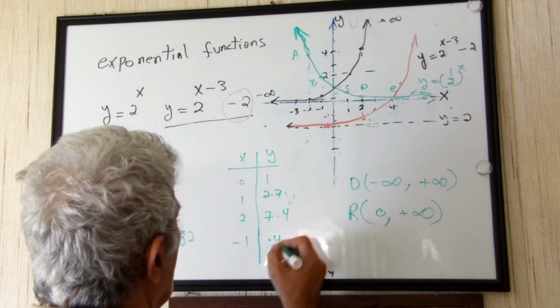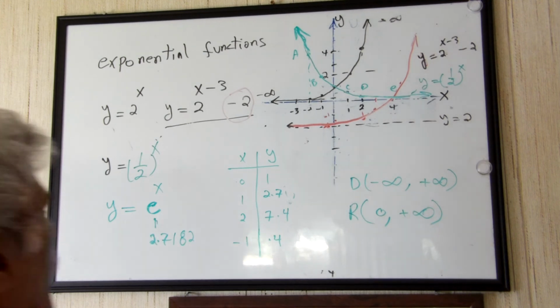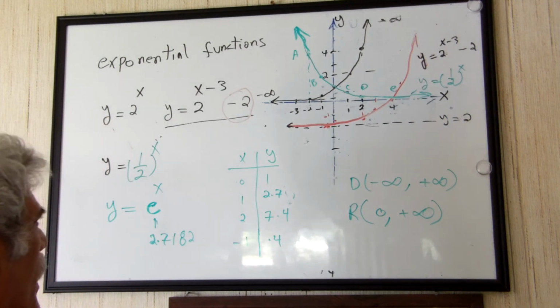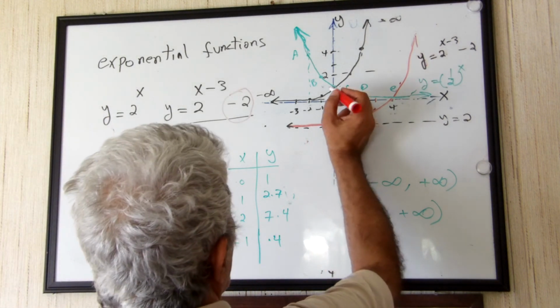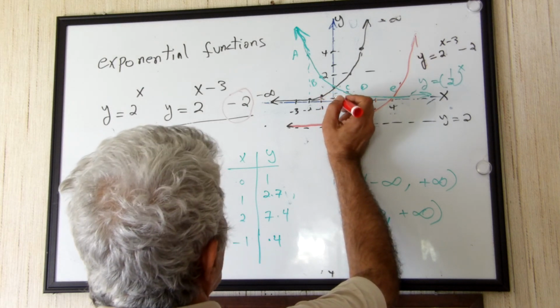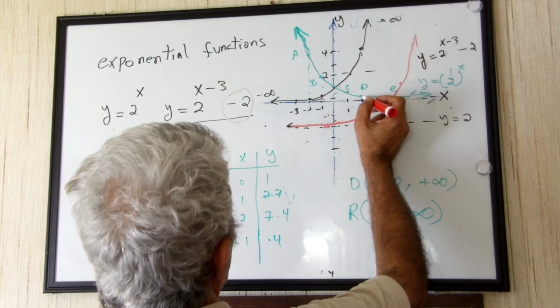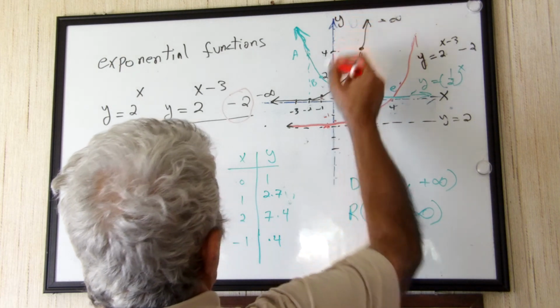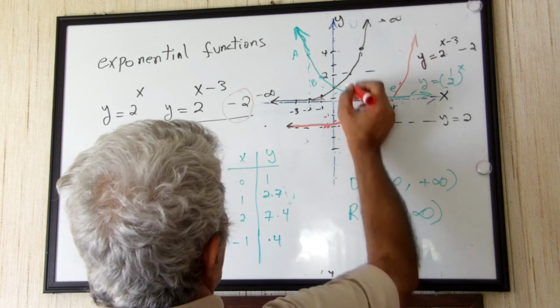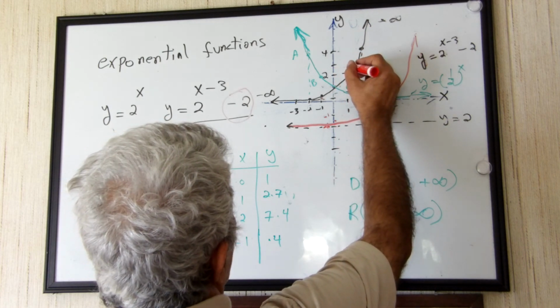Okay, so let's graph this one. For -1 it's 0.4, it's going to be here. Then for x equal to 1, y is 2.7, it's going to be somewhere here.